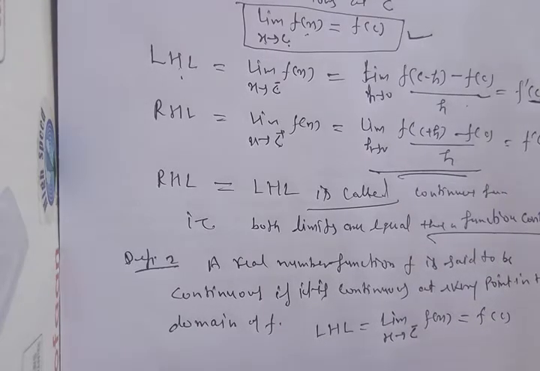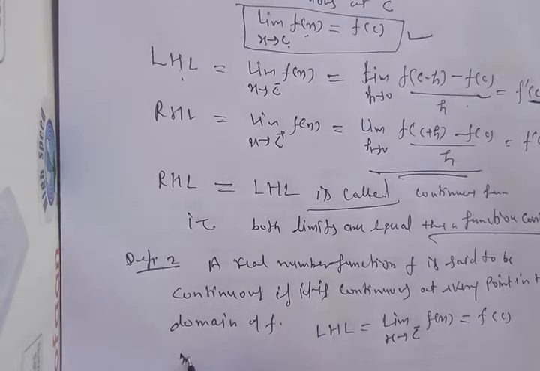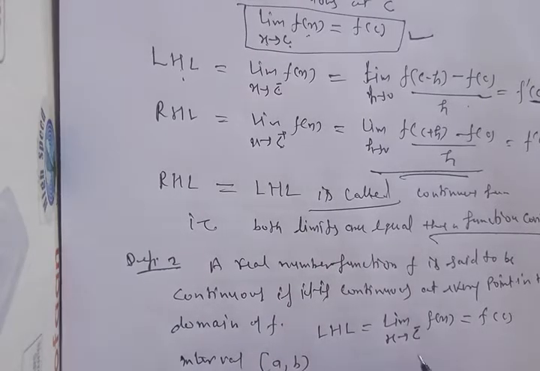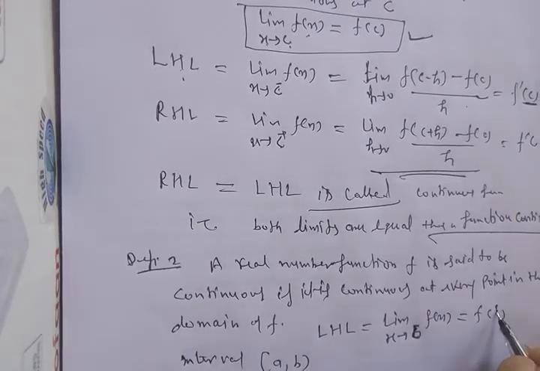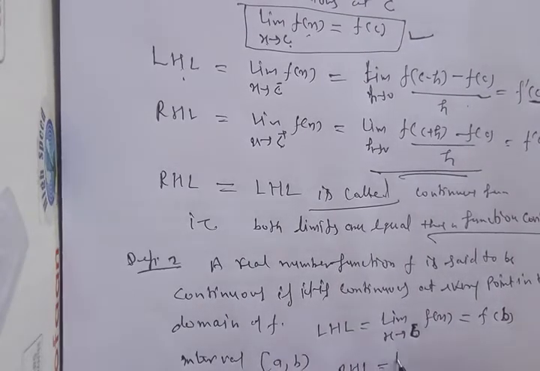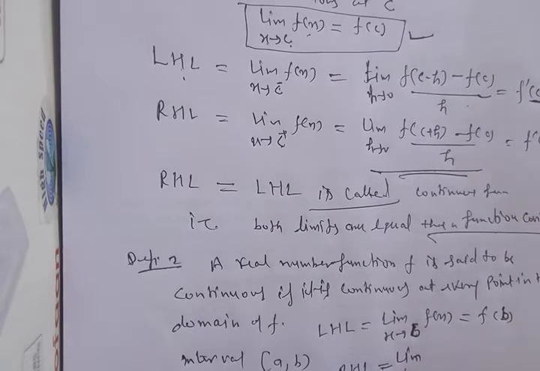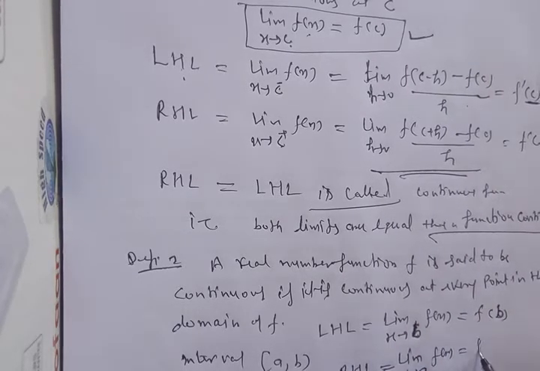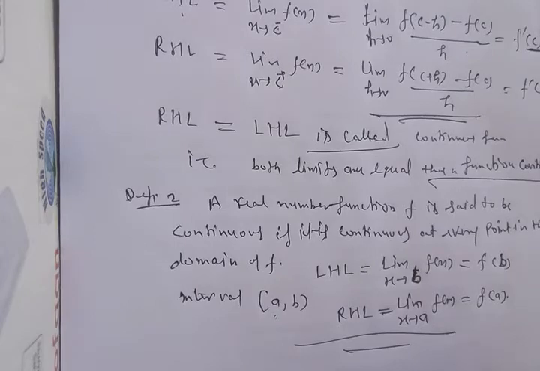An interval is also given, of the type closed interval a comma b. For this, the limit as x tends to b negative of f(x) equals f(b), and for RHL at the first point, the limit as x tends to a positive of f(x) equals f(a). This is the second definition of a continuous function.